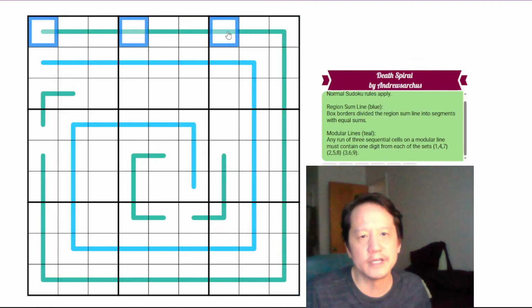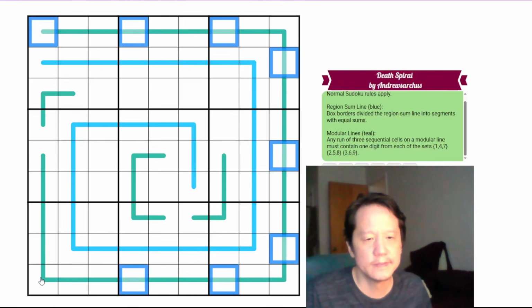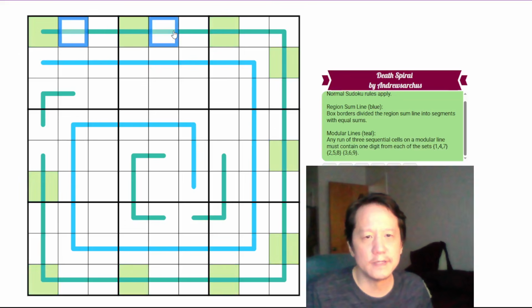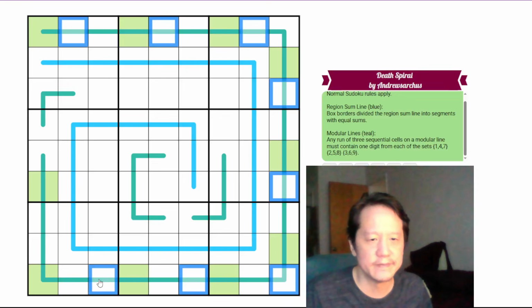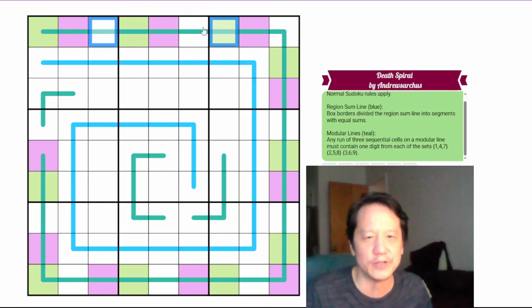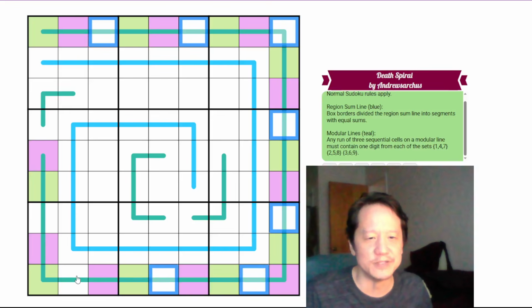Let's color it again. Oh boy. That kind of sucks. Well, I mean, it happens, but it's still annoying when it does. You have so much momentum, and then you realize you got yourself into a contradiction.